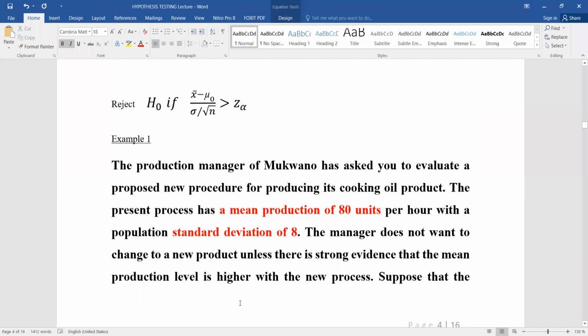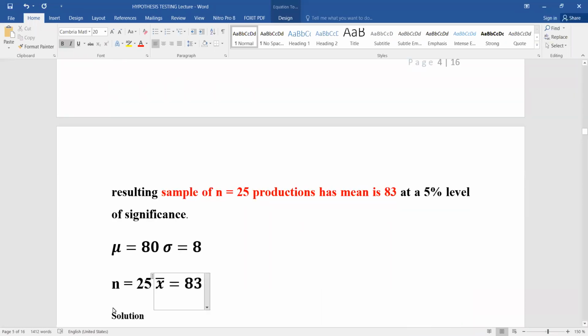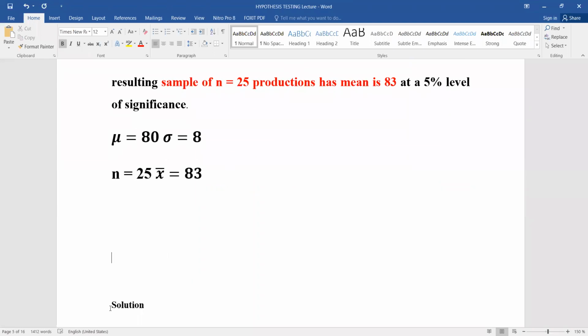So this is 83. The first thing that we're going to do is to state the first hearing.